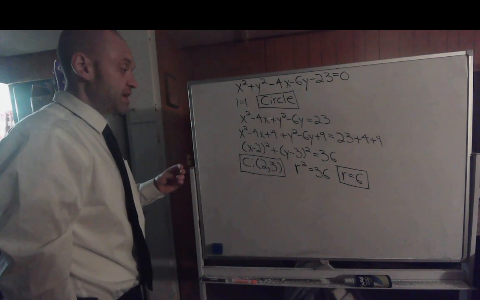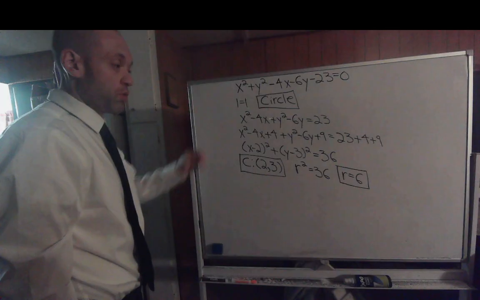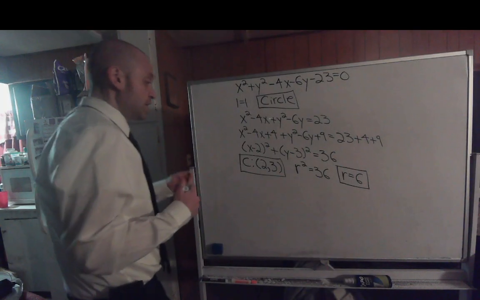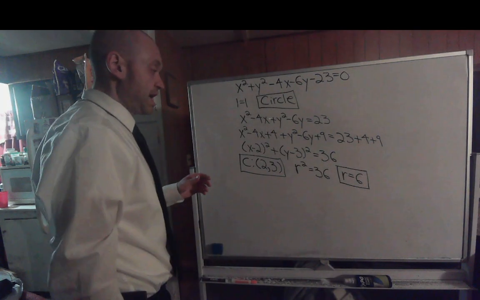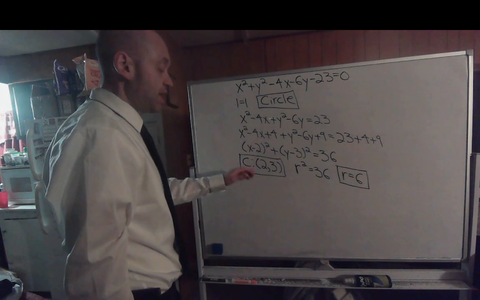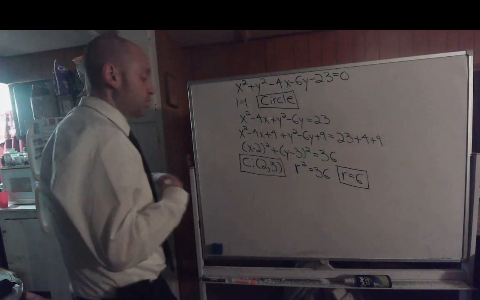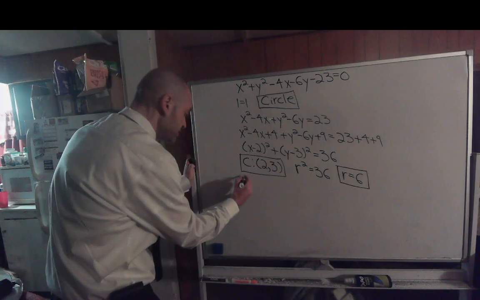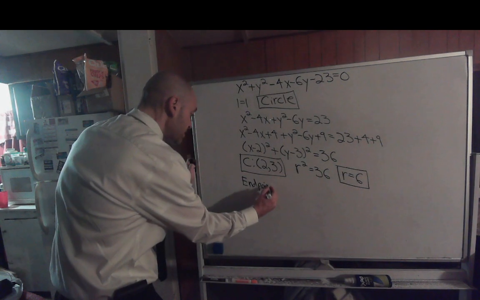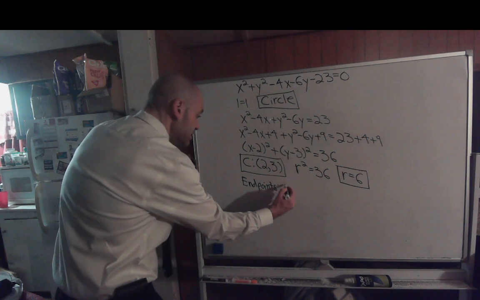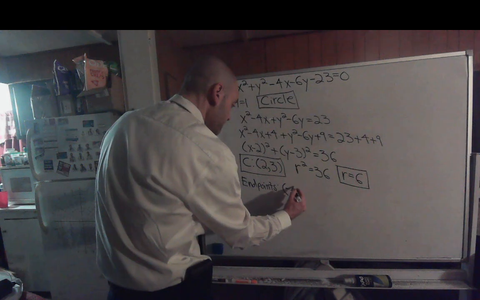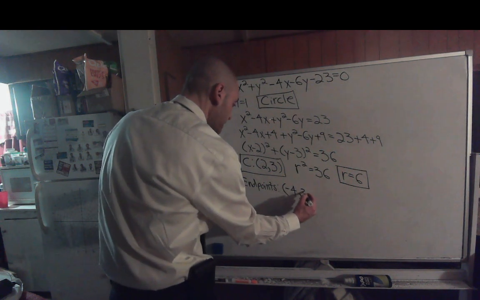Now we just need to find 4 different endpoints on the circle. And usually you're going to do that by taking your radius, adding and subtracting that from both the x and the y coordinates. So we should get 4 endpoints. So if I take 2 minus 6, I should then get negative 4, 3.